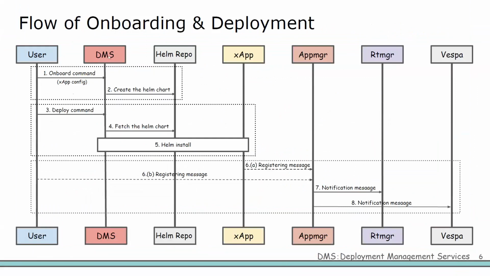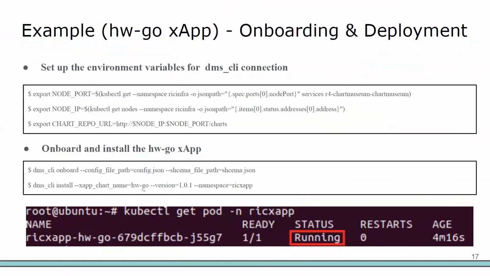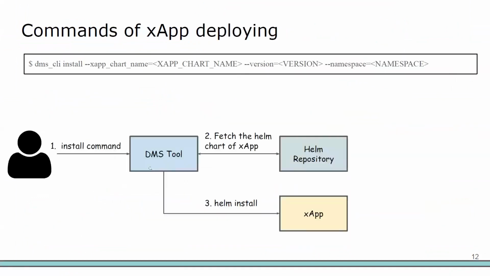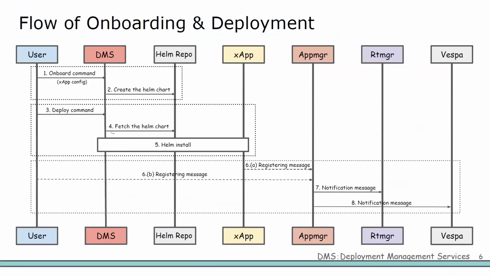The DMS tool can fetch the helm chart according to the file name, the version, and the namespace. Next, the DMS tool will deploy the xApp using the helm install. So the xApp is deployed in the platform.